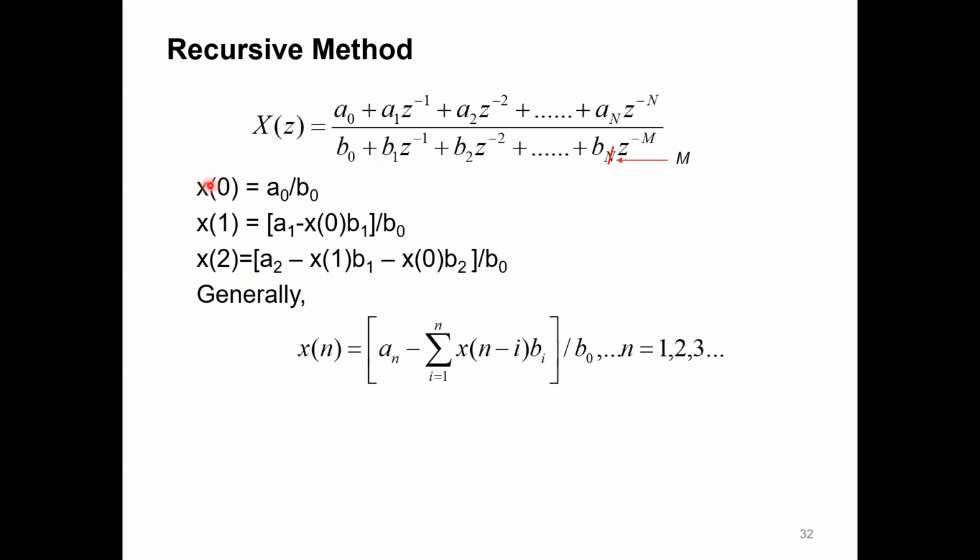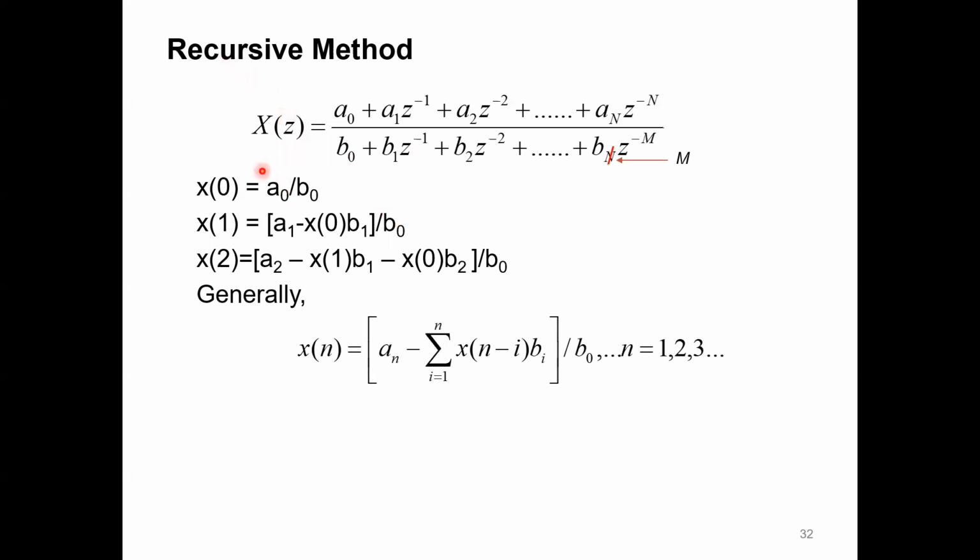So you calculate the first one, a0 over b0. The second sample, you calculate using this equation. This is the long division, but concealed in an algorithm. So a1, read from here, minus x0, which has already been calculated. Take it from here, multiply with b1, divide by b0. So you know where these a's and b's are.